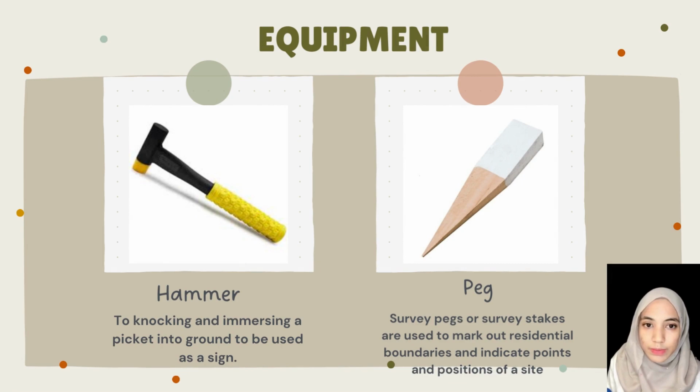The next is hammer. Hammer is used to knock in and immerse a picket into the ground to be used as a sign. And the last equipment is pad. Survey pad or survey stake are used to mark boundaries and indicate points and position of a site.